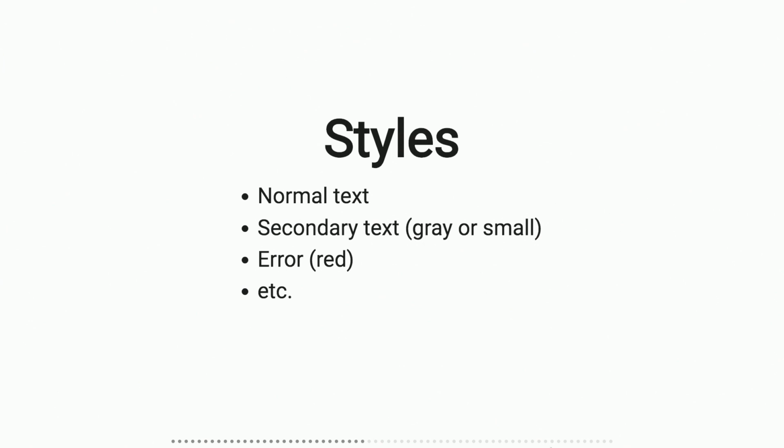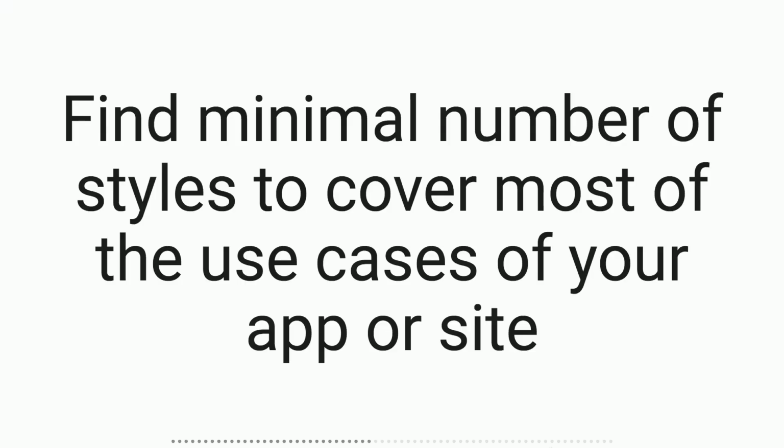So what should this text component be able to do? It should be able to render text in different styles, like just basic text or secondary text that could be gray or small font size. Error text, for example. It depends on your app. Each app will have a different number of styles. And the idea here is to find the minimum number of styles that will cover most use cases for your app and will make the UI more consistent.